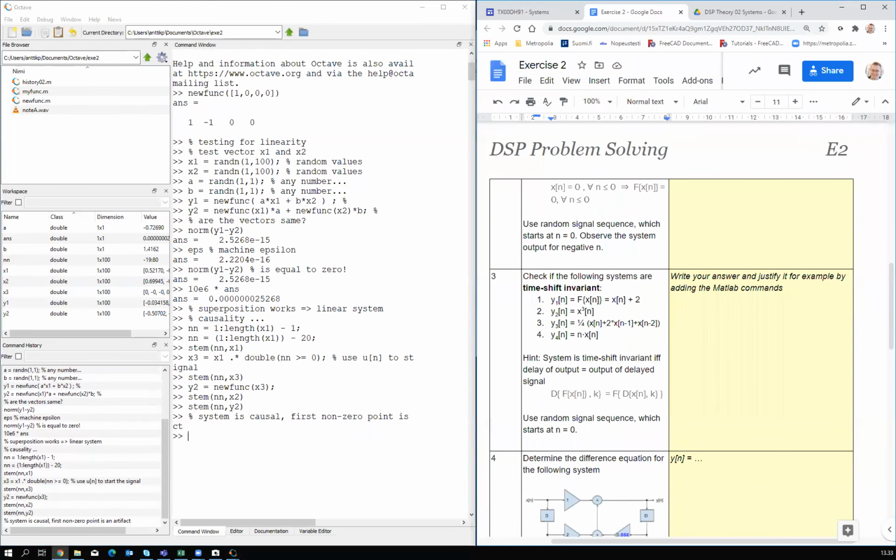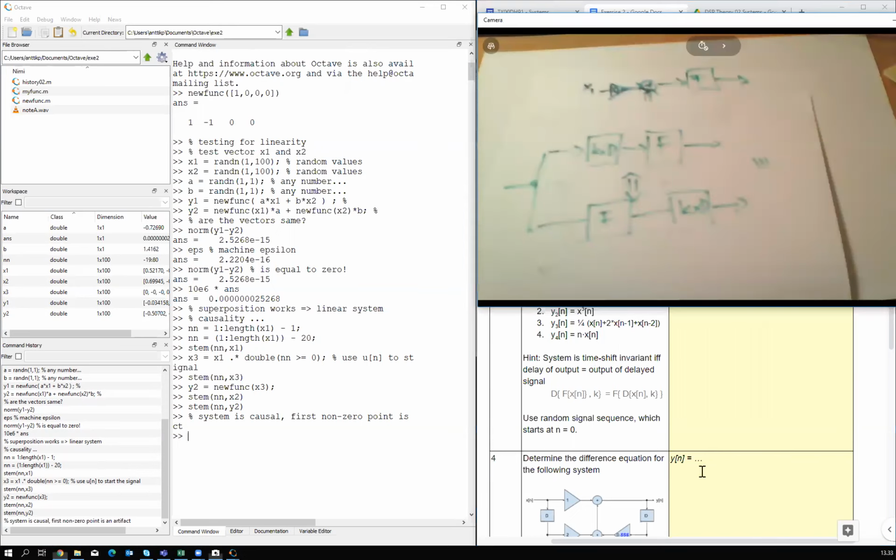Time shift invariance. Meaning, do we get the same signal out if we feed the signal in on the top or on the bottom?